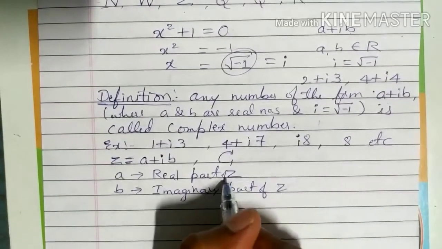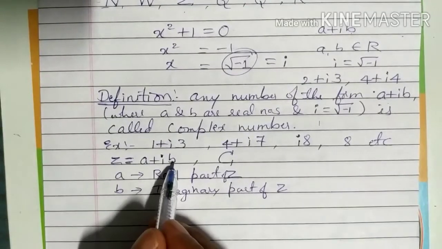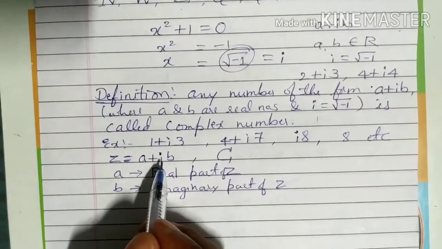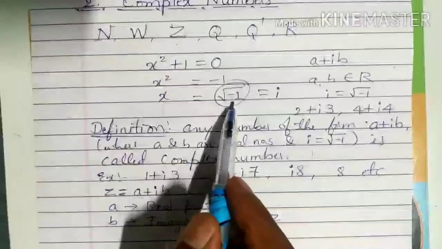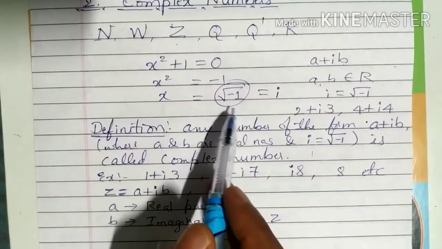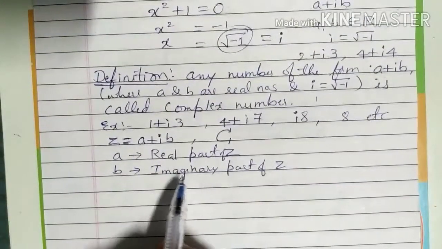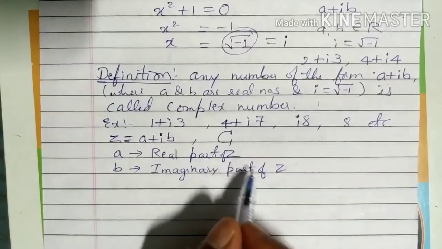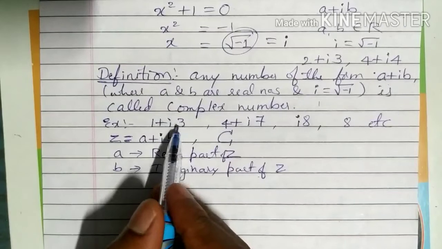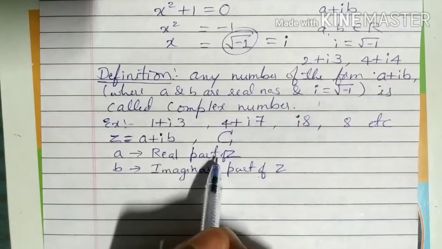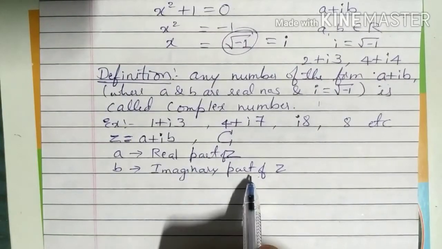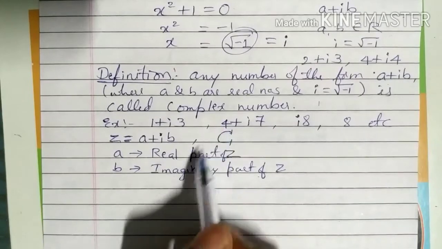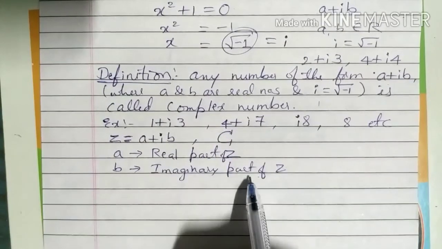Because b is with i, that is square root of minus 1, which we consider an imaginary number, we call it the imaginary part of z. In this example, 1 is the real part of z and 3 is the imaginary part. In the same way, here 4 is the real part and 7 is the imaginary part.